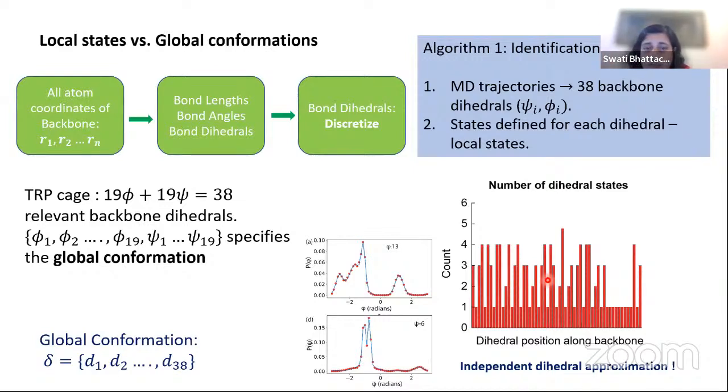That number turns out to be 10 raised to the power 16, which is a huge number. So the message over here is that while the number of global conformations may be really enormous, if you look at individual dihedrals, they visit only a small number of states, just 2 or 3 at most. 4 is really the maximum in most cases.